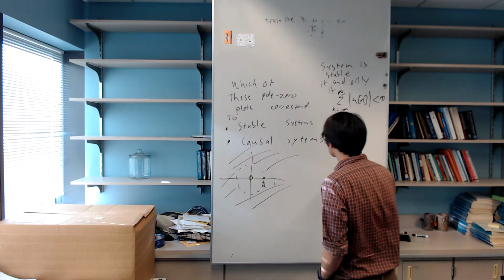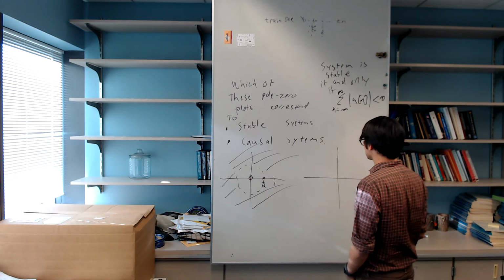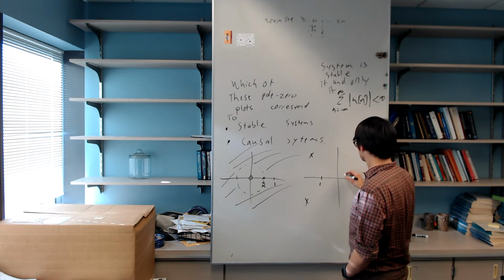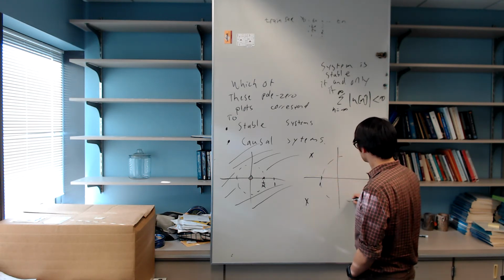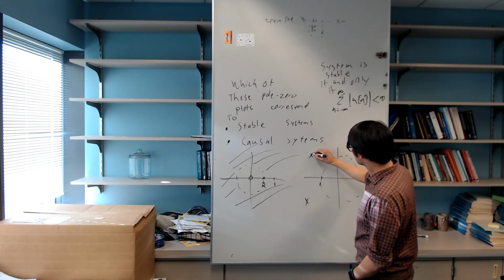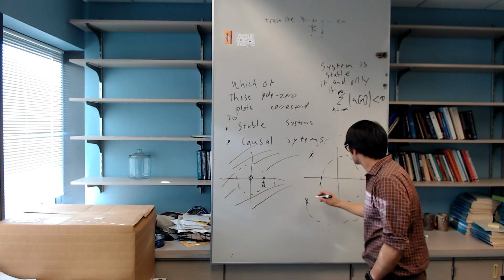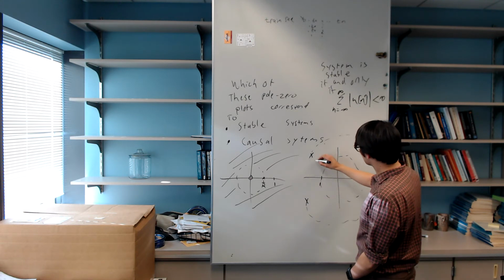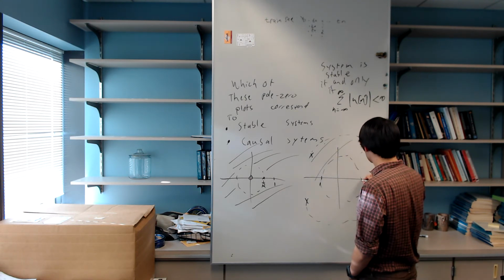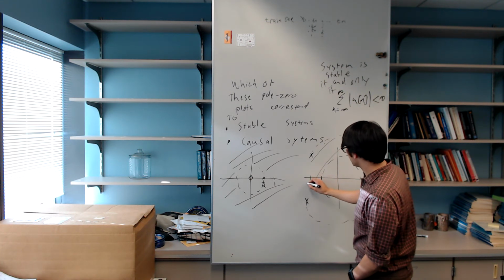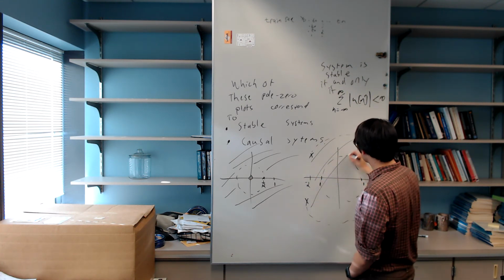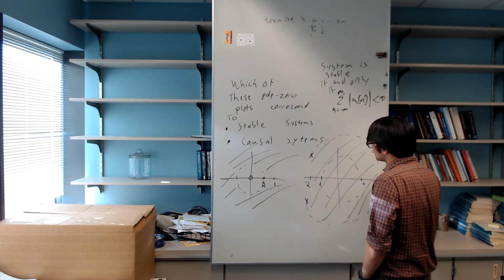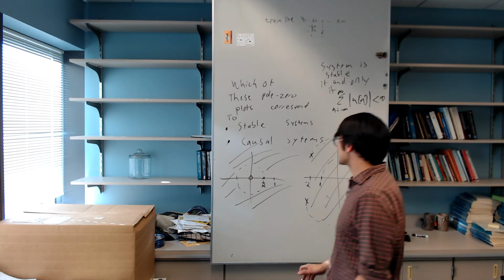So that's the first one. I have 1 out here, and I'm going to have this at -2 over here, and the region of convergence being here, 2. I want to see which of these things are stable and which are causal.